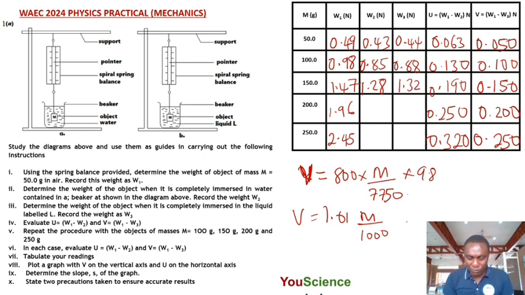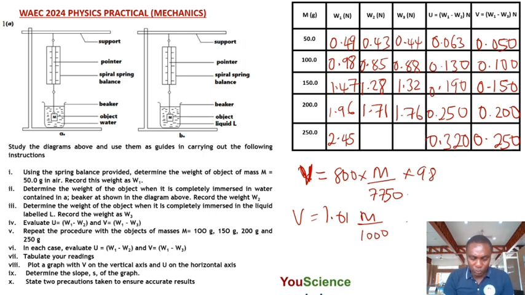Then I'm going to have 1.96 minus 0.25. That's going to give me 1.71. Then I'm going to have the same 1.96 minus 0.20. That's going to be 1.76.